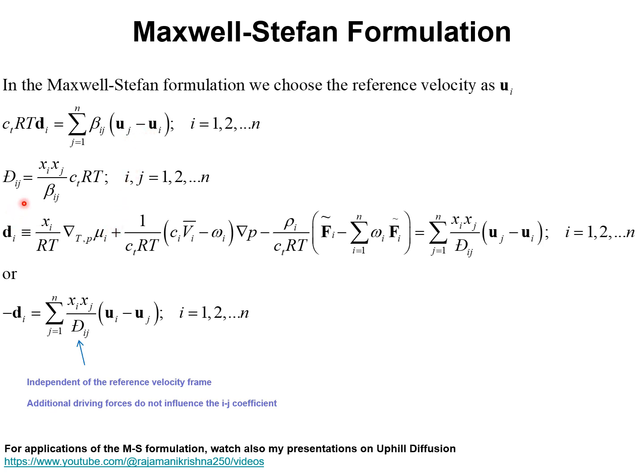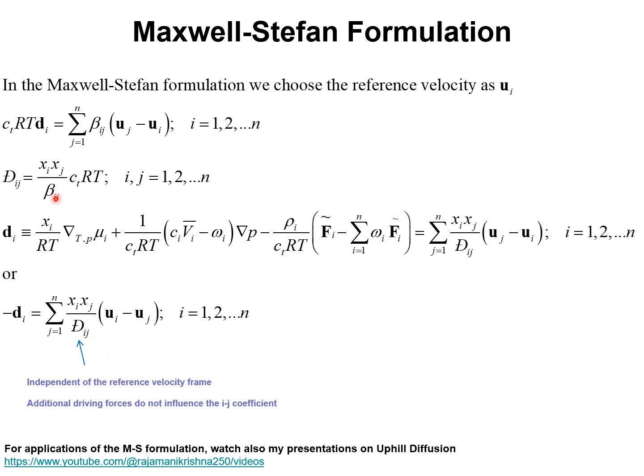Furthermore, we define a set of paired diffusivities, D with a line through it, which equals xi times xj, where xi, xj are the mole fractions of components i and j. Ct is the total molar concentration, R is the gas constant, and T is the temperature.